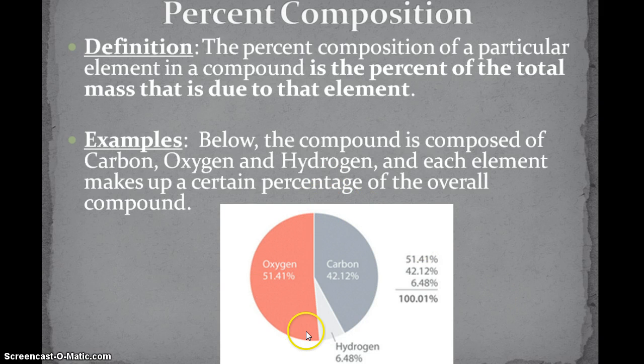If you look at my picture, this entire pie chart is 100%, while oxygen only comprises about 51.41%, carbon comprises about 42.12%, and hydrogen comprises about 6.48%. When we add them all together, we get our 100% of our compound.